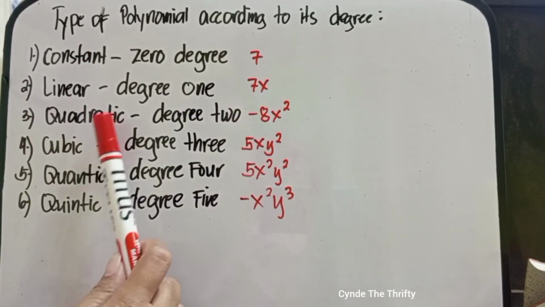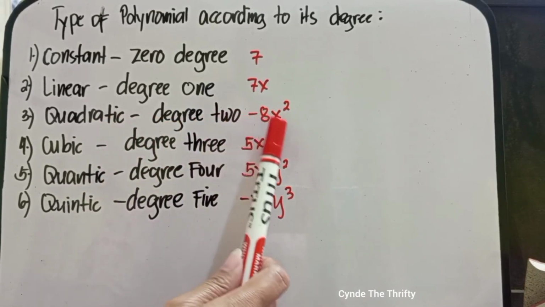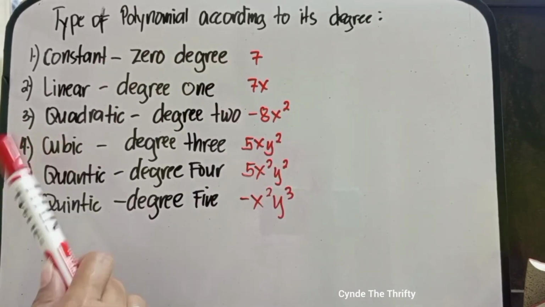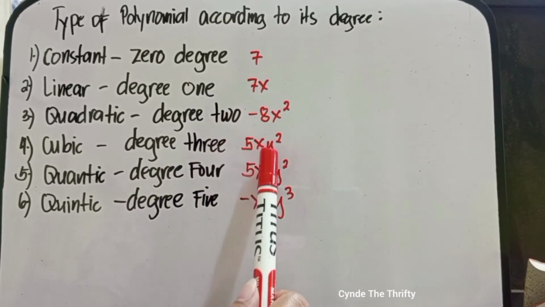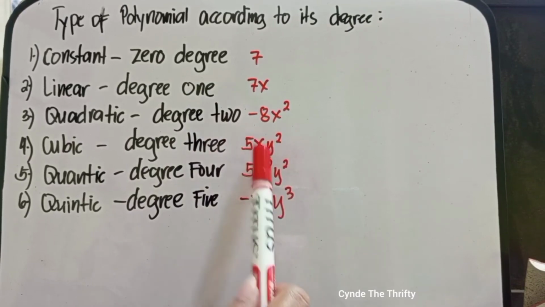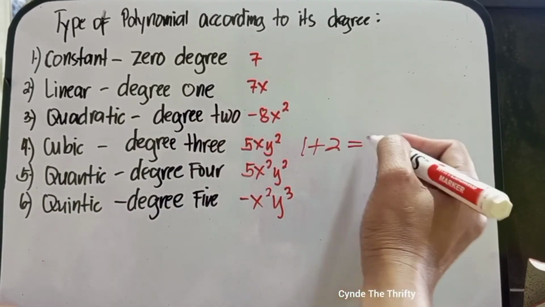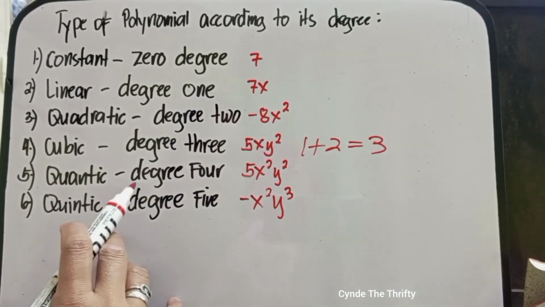Next, quadratic. Quadratic is degree 2. For example, negative 8x squared. So, ang kanyang degree is 2. Next is cubic. Degree 3. For example, 5xy squared. So, si x merong 1, pagkatapos si y is merong 2. So, ang kanilang degree is 3. Another example, quartic, degree 4.